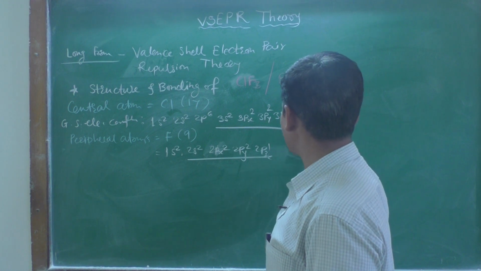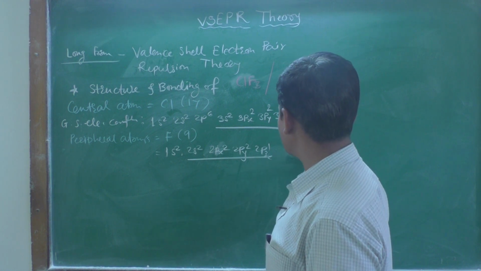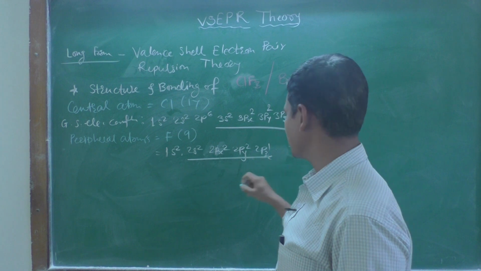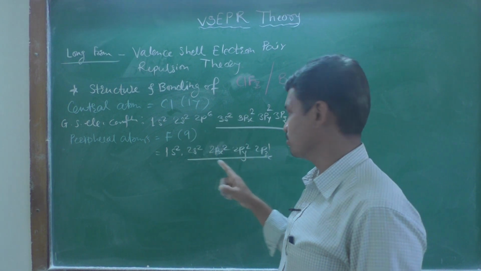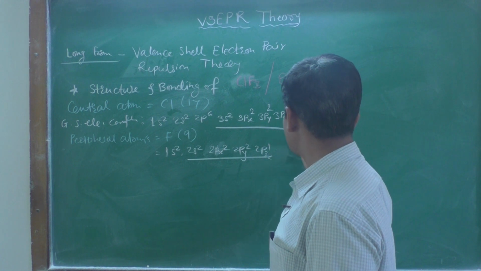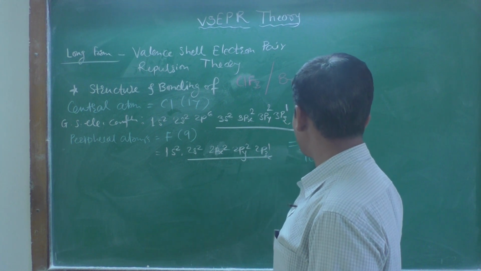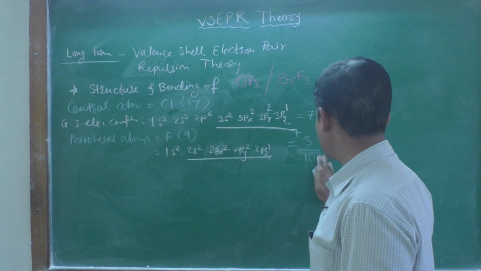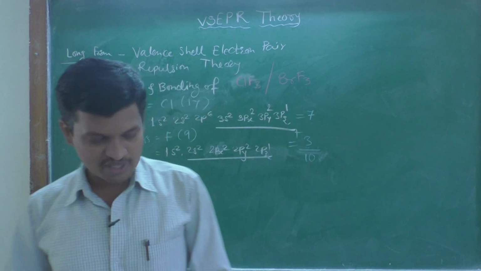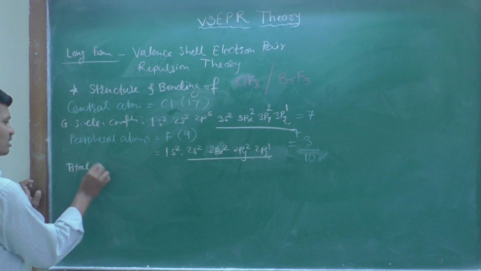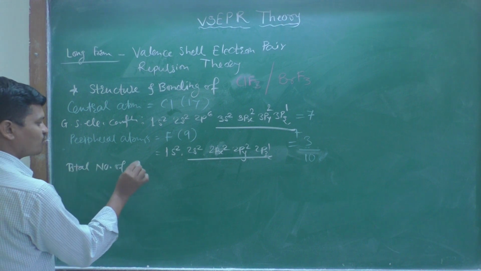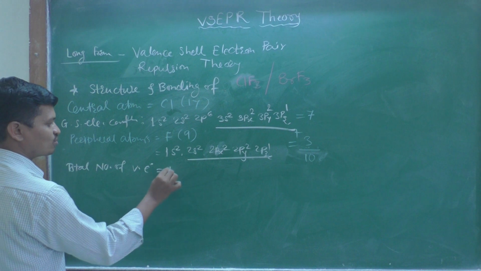So 7 from the chlorine and 3 from the 3 fluorine atoms, 1 electron from each fluorine atom. So 7 plus 3, there are 10 valence electrons present. So the total number of valence electrons in ClF3 is equal to 10.